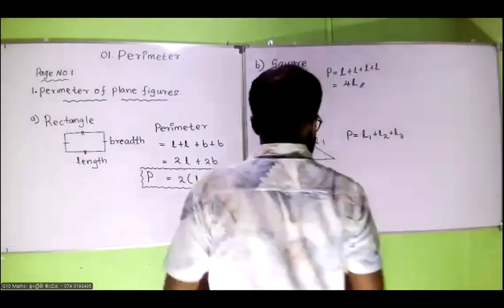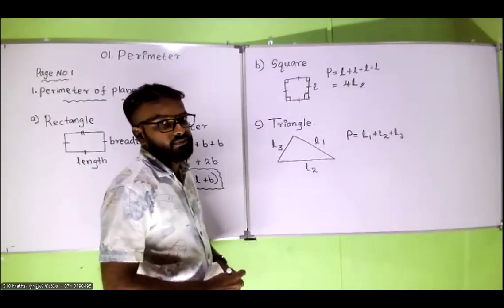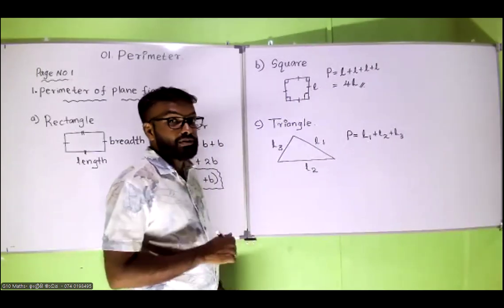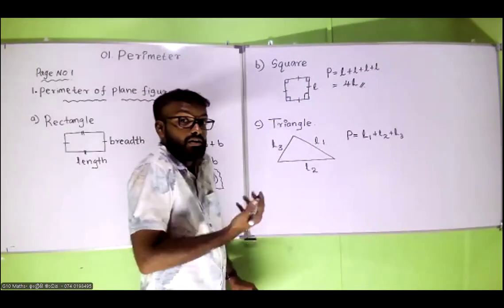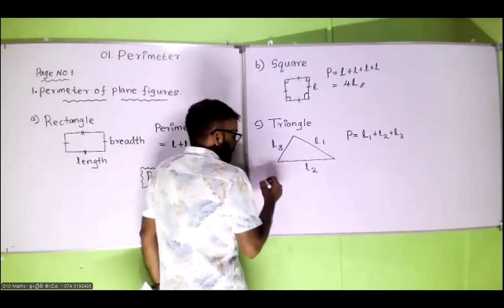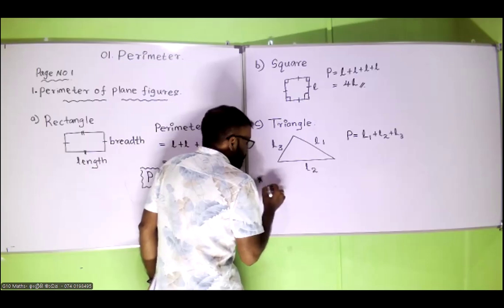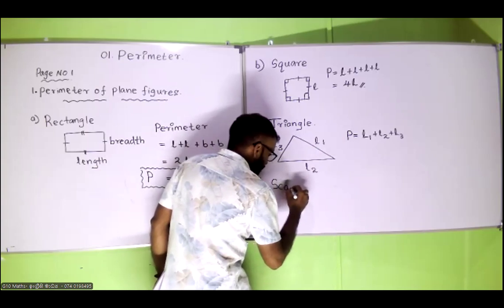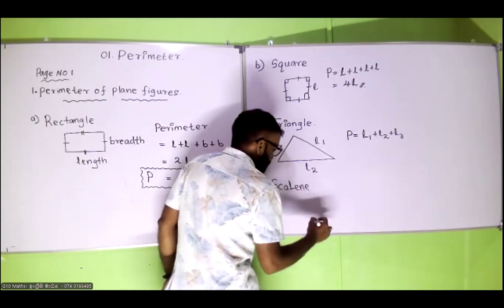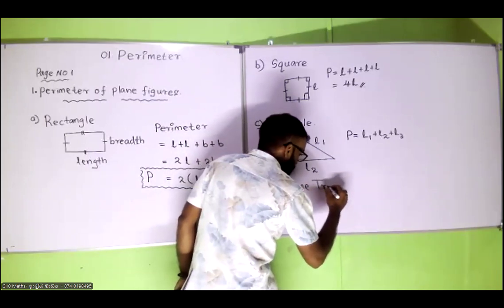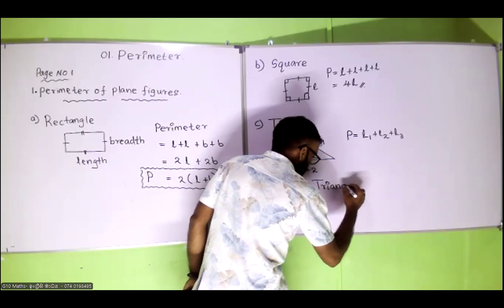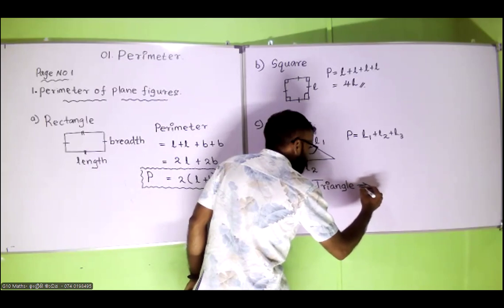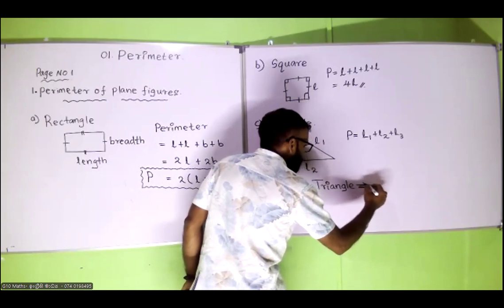So this is an extra thing. If you want, you can write this. Sometimes this can come in your exam papers as well. So this is a scalene triangle. What is the speciality of the scalene triangle?